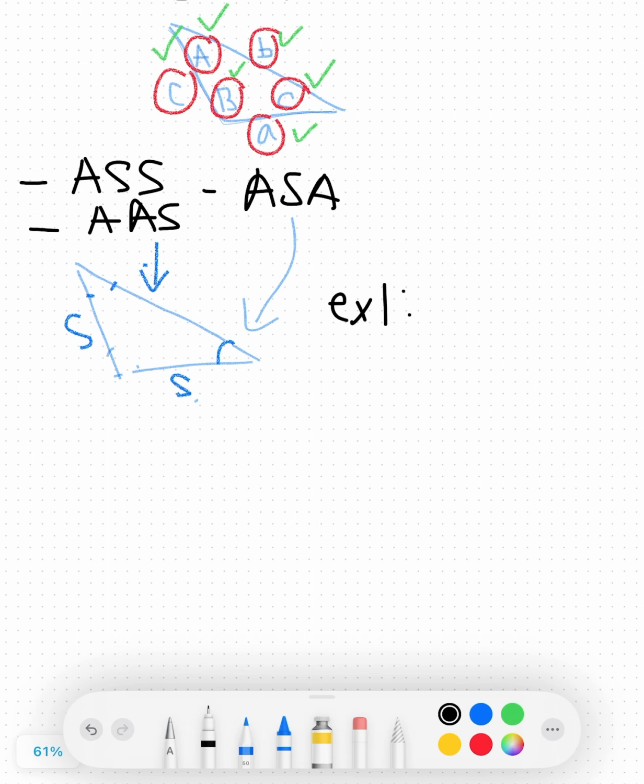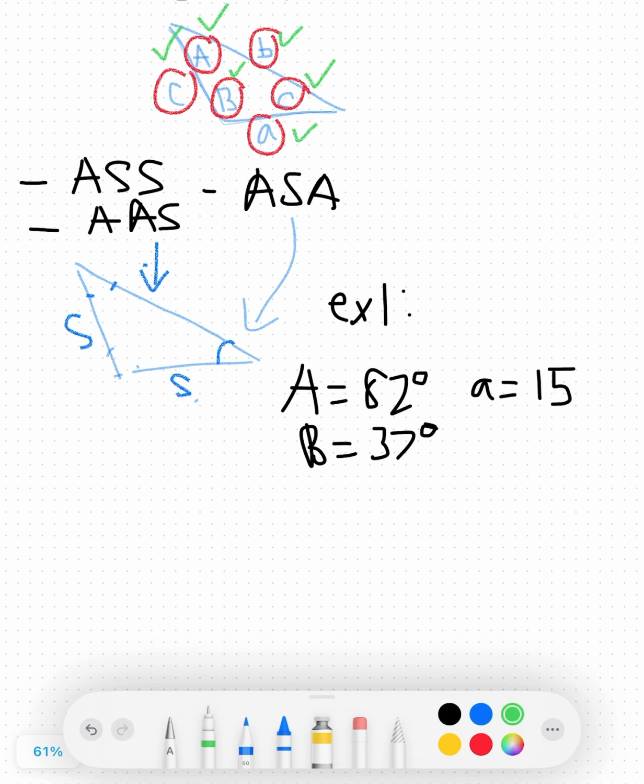Example 1. Let's say the problem says A equals 82 degrees, B equals 37 degrees, and lowercase a equals 15. Remember, just to have in the back of your mind, when the letter is lowercase, it represents a side. But when the letter is uppercase, it represents the angle.